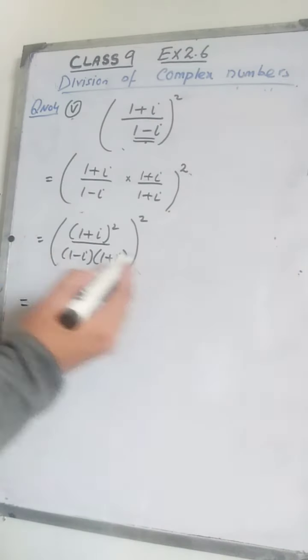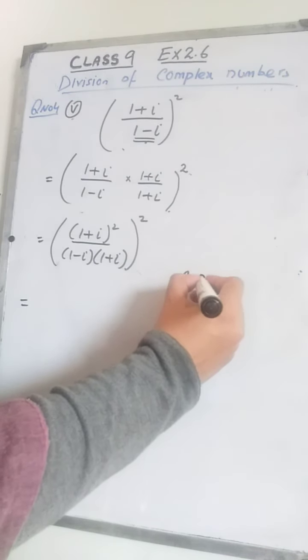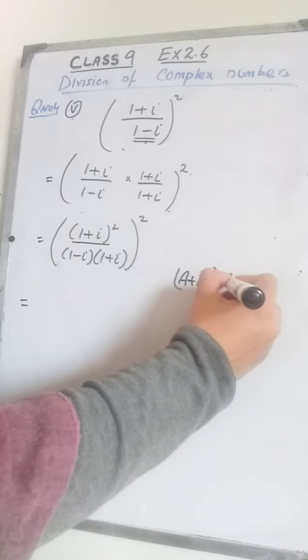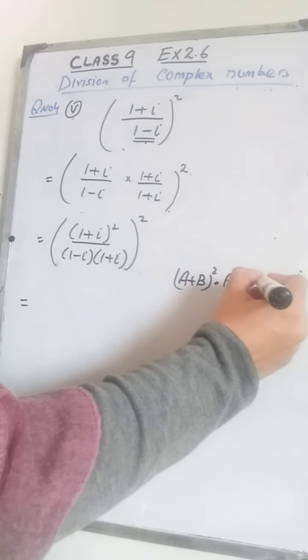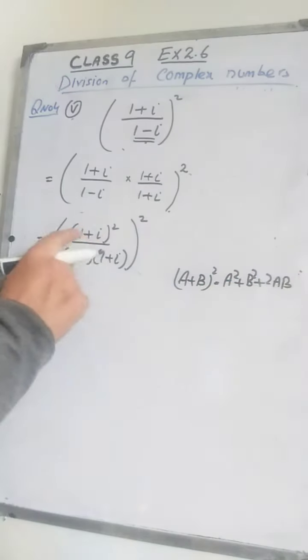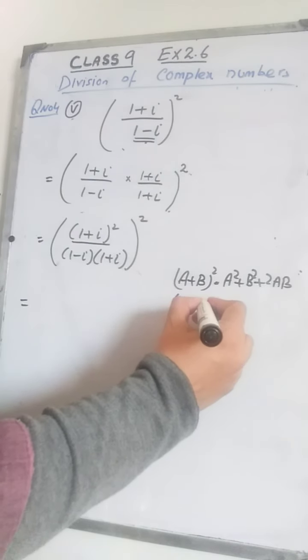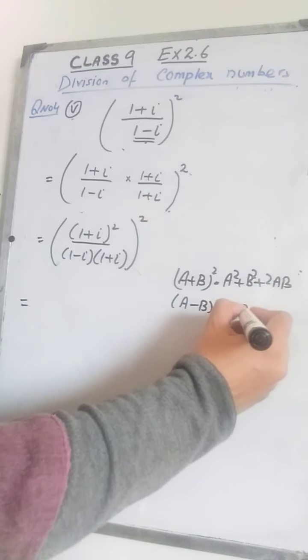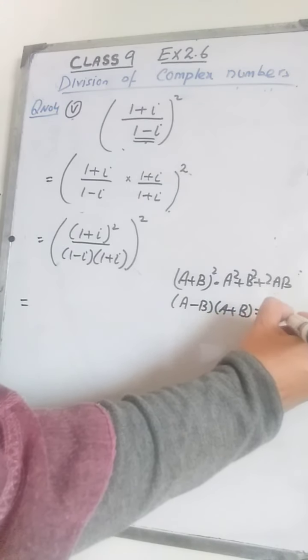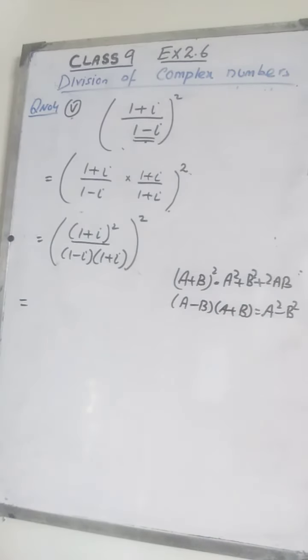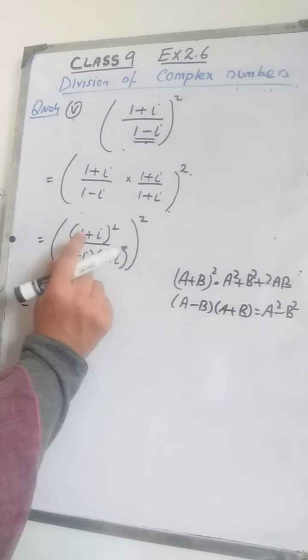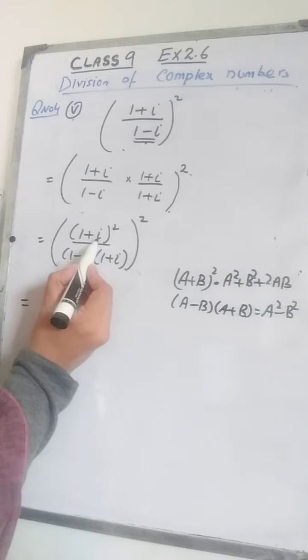So now we know that a plus b whole square is equal to a square plus b square plus 2ab. I am going to apply this formula in the numerator, and in the denominator we are going to apply the formula a plus b into a minus b is equal to a square minus b square. So this is a and this is b.